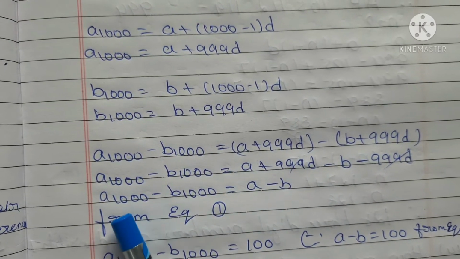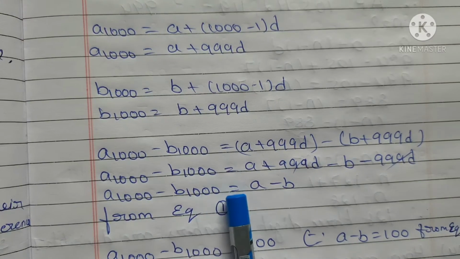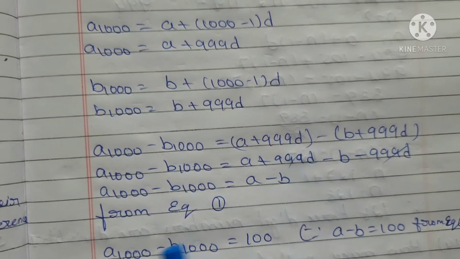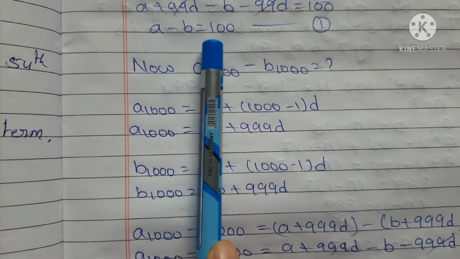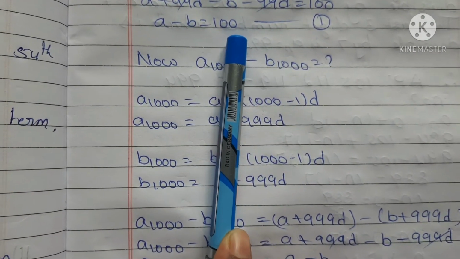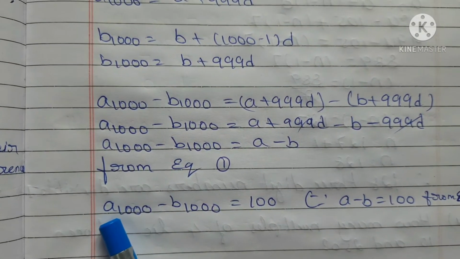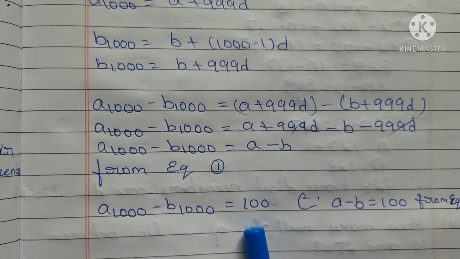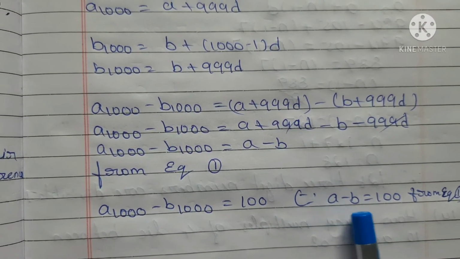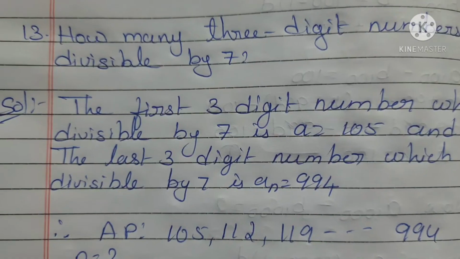Here what remains? A minus B. So A1000 minus B1000 is equal to A minus B. From equation 1, A minus B is equal to 100. Put this 100 here. A1000 minus B1000 is equal to A minus B, which is 100, since A minus B is equal to 100 from equation 1.